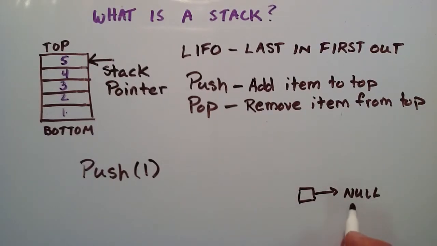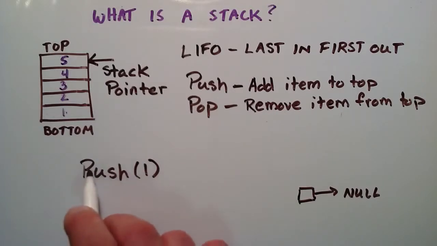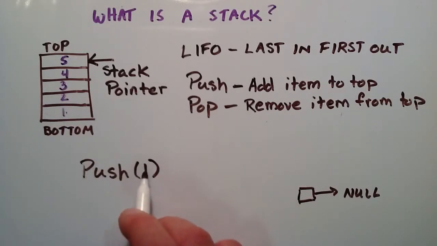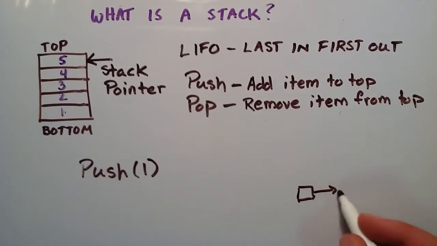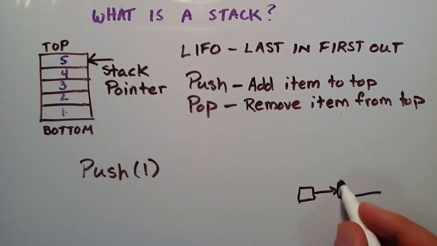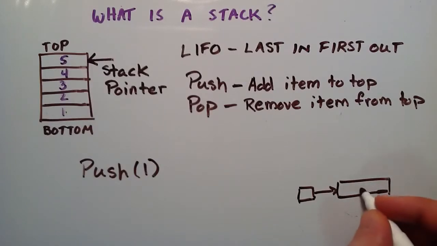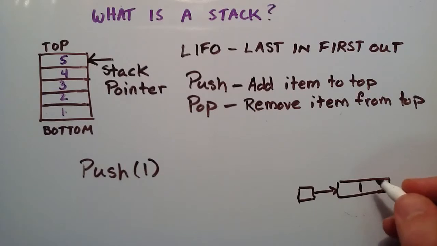So he's pointing to nothing. Then I implement this part of my code, and it's going to push the number 1 on the top of the stack. What's going to happen when I do push 1 is it's just going to create a node and then place the data 1 inside that node.